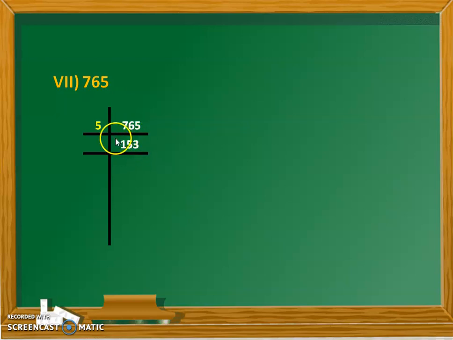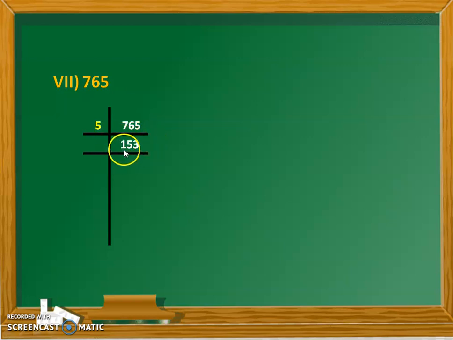Now again you will have to check which smallest prime number can divide this 153. First of all we are going to check our unit place. As it does not satisfy any unit place rule of divisibility, we will have to check for 3.